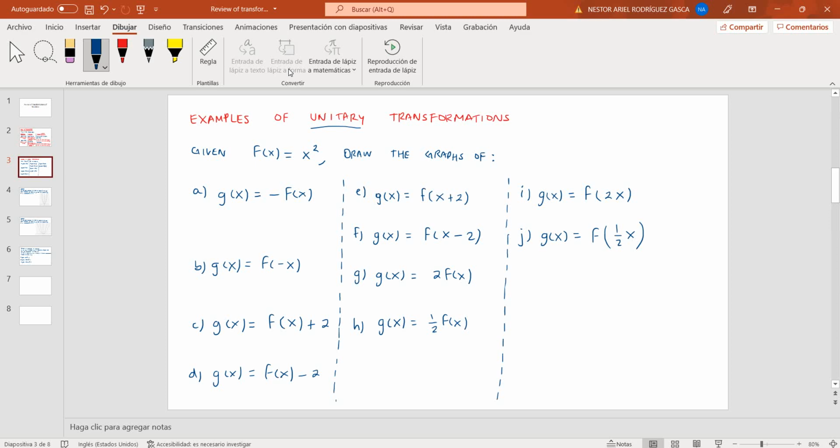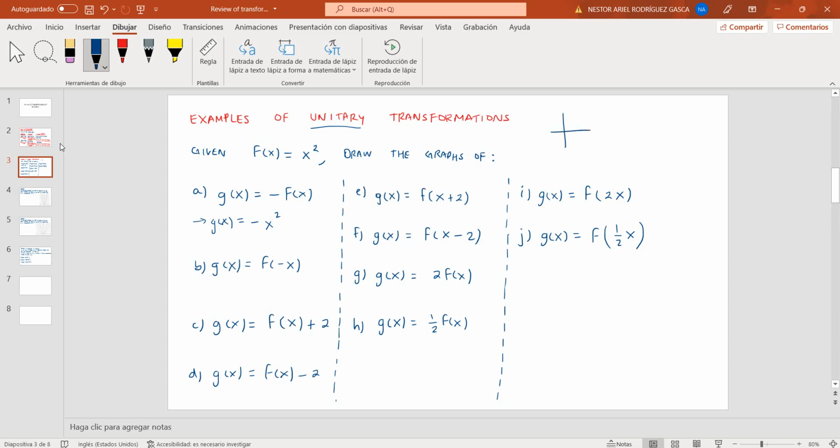So what if g of x is equal to minus f of x? What that means is the following: g of x is equal to minus x squared. And as we have seen in the previous slide, when we multiply the whole function by minus one, what that causes is a reflection around the x-axis, right?